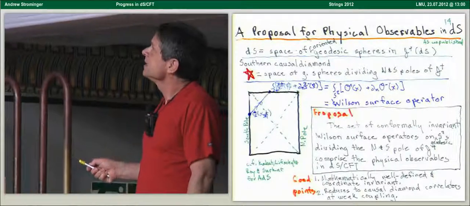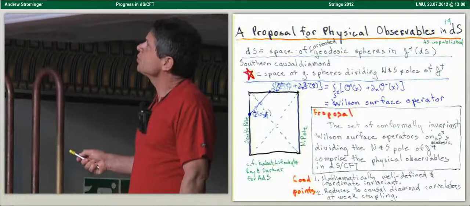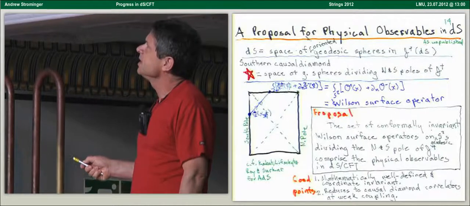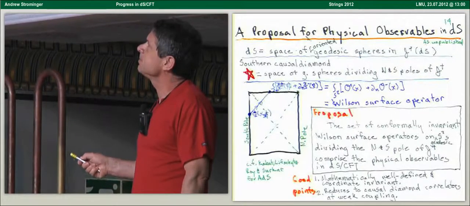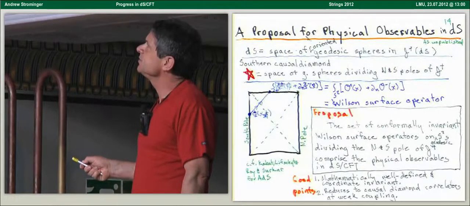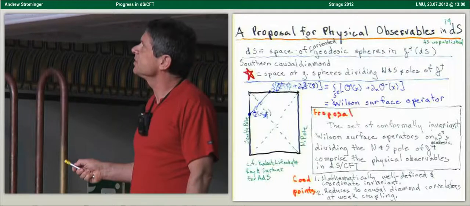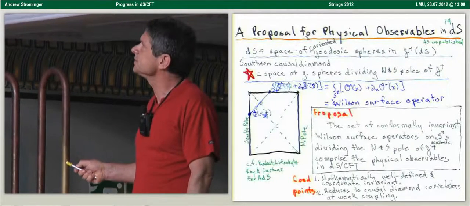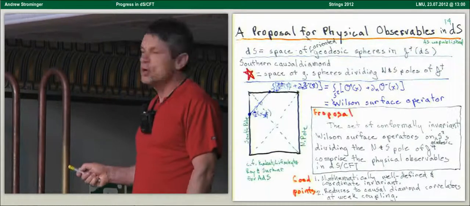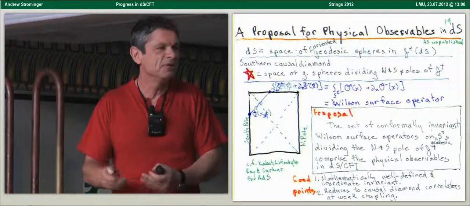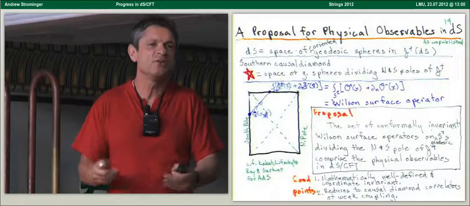Now, for physical correlation functions, or a set of observables in de Sitter space, a natural thing to think about perturbatively is the set of correlators that all live in the same causal diamond. If we consider correlation functions between points just in this diamond here, those can be measured by experiments whose results can be relayed to one another.